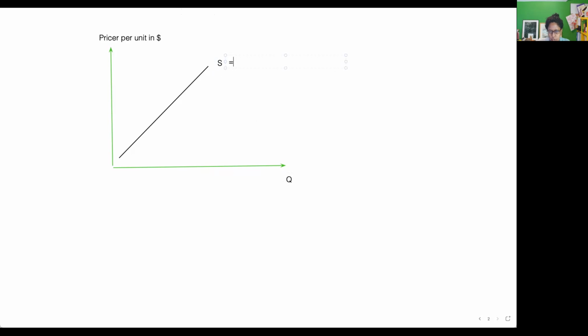So what's the producer surplus? I need to know the price that I receive for the units. So let's do this in blue: P star.